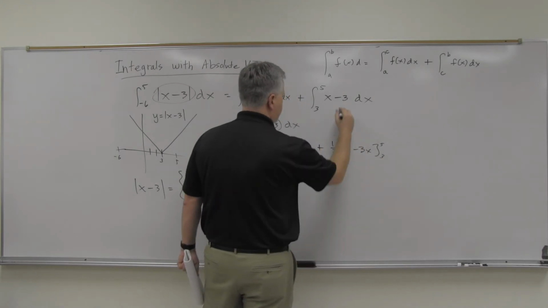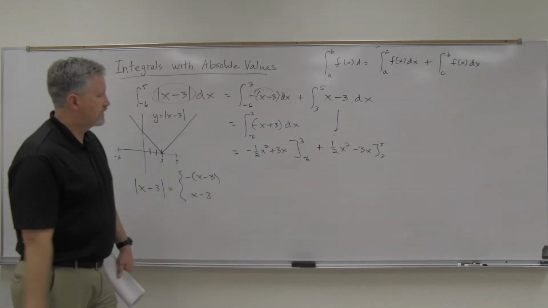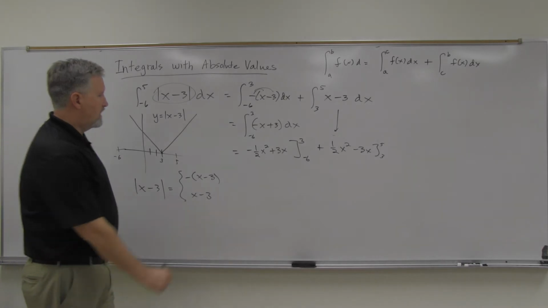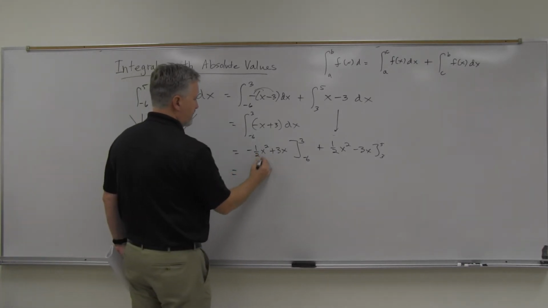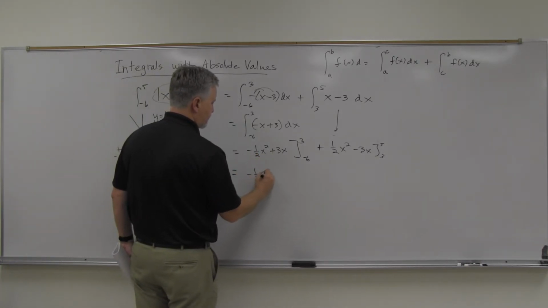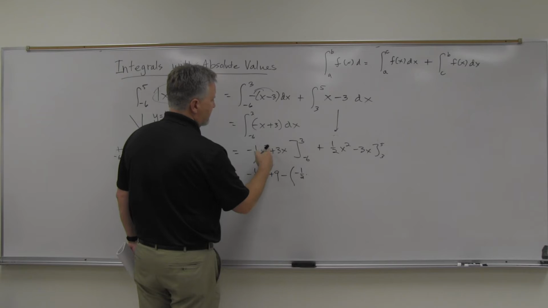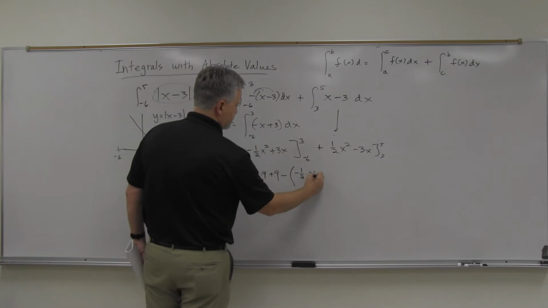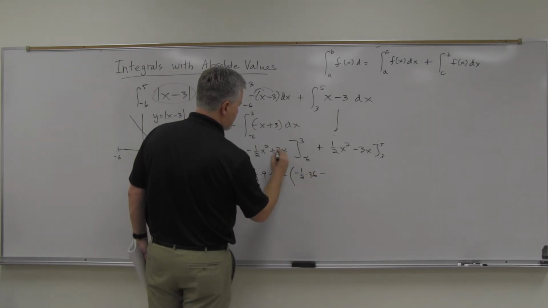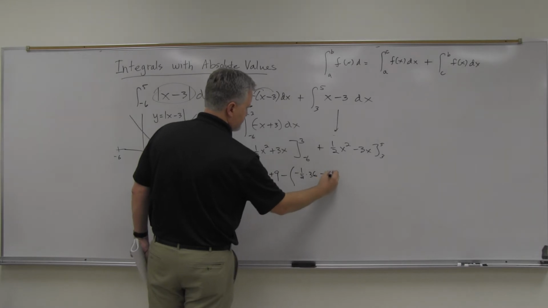That intermediate step there. With me there? All right, so this will be minus 1/2 times 9, plug in the 3 first, plus 9, minus, then plug in the -6, that'd be negative 1/2. Negative 6 squared would be positive 36. And then 3 times -6 is negative 18.